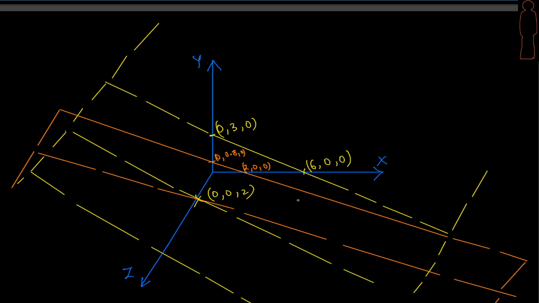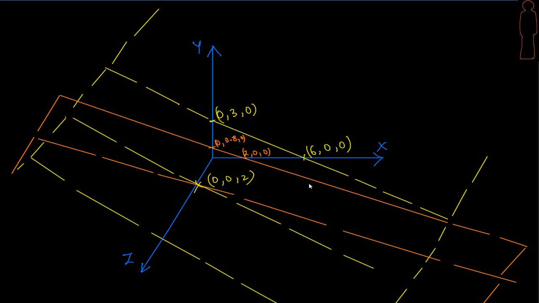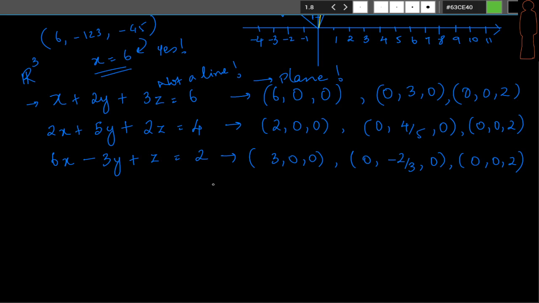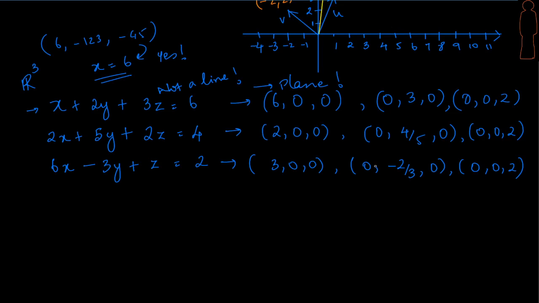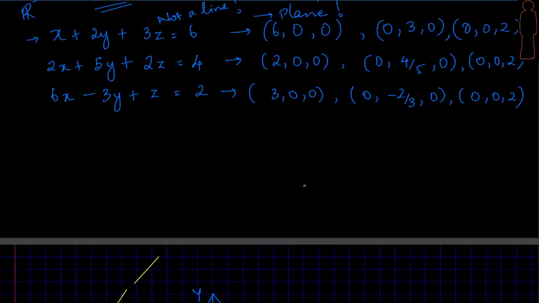It's going to get further complicated when we're going to draw the third plane, and let me attempt drawing that as well. So the points for the third plane are going to be 3, 0, 0 and 0, minus 2 by 3, and 0. So let's try and draw that.